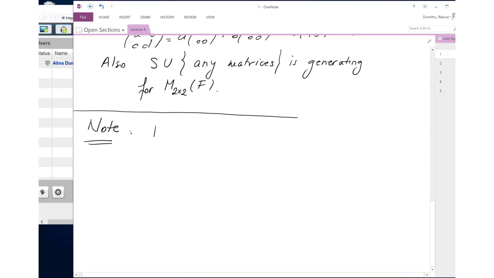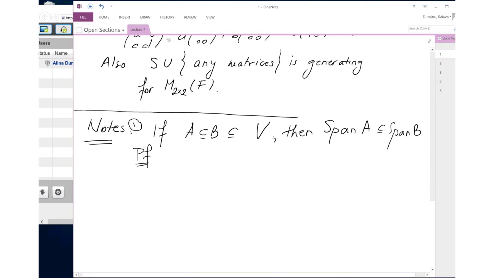Let's say A is a set of vectors and B is a set of vectors in the same vector space V. If A is a subset of B, both sets of vectors in V, then the span of A is a subset of the span of B. Okay, let's see why that holds.